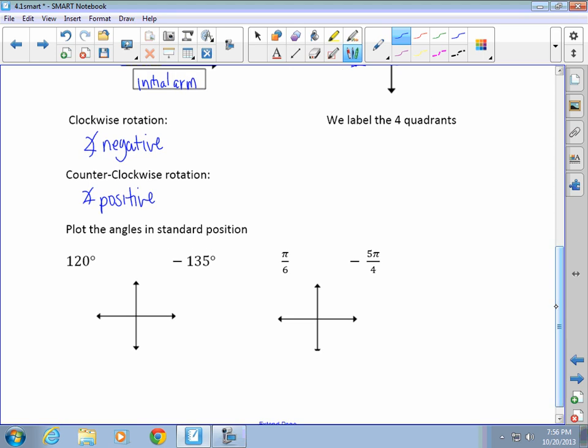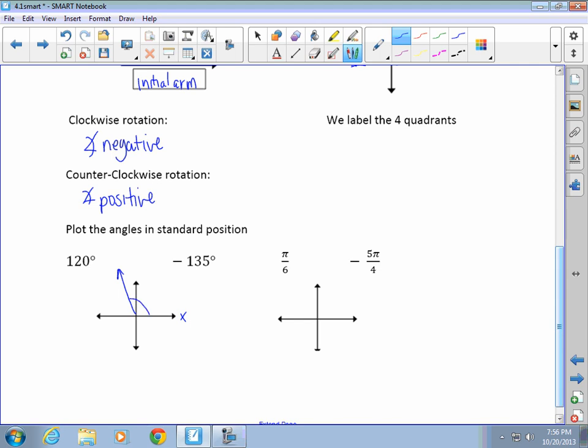Okay, so it says plot the angles in standard position. So 120 degrees. Knowing that we're starting here at our positive x-axis, we're going to go from here to the start of the first quadrant, which measures 90 degrees, and then we're going to go 30 degrees past that, so it would be approximately right there.